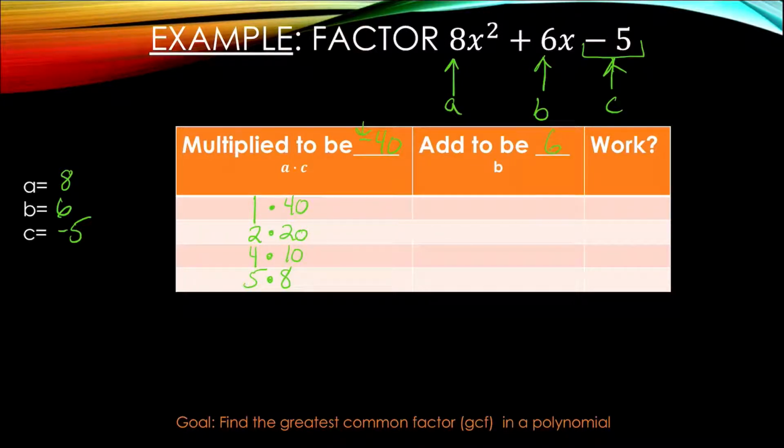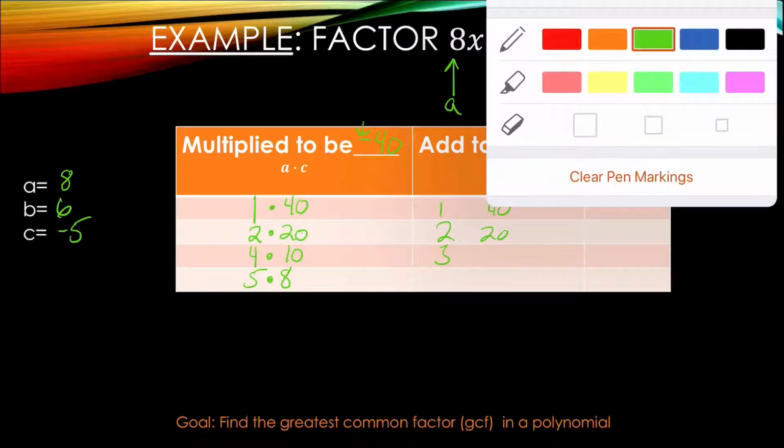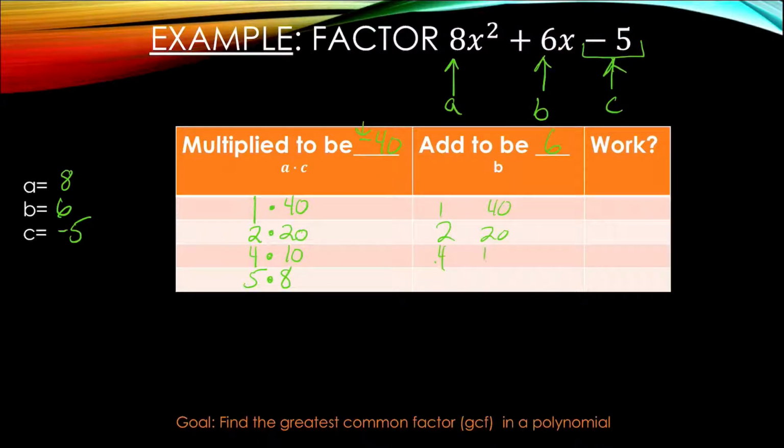Well, I know that it has to add up to be a 6. So if I have 1 and 40, 2 and 20, oh, no 3 there. 4 and 10, and 5 and 8.